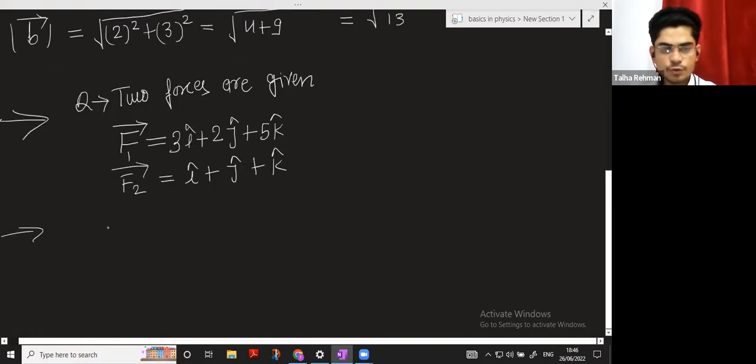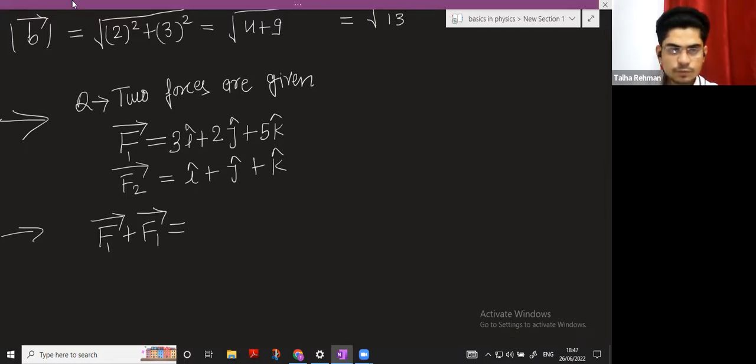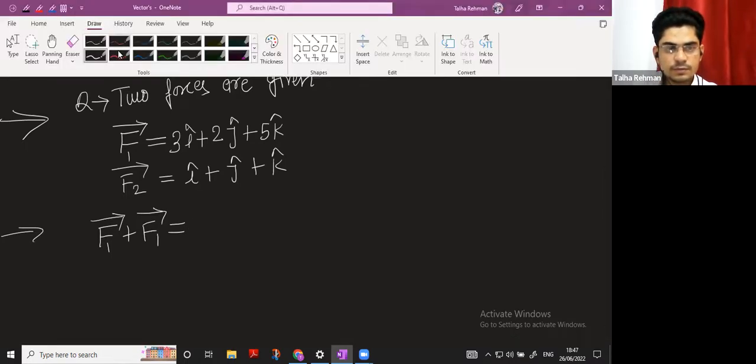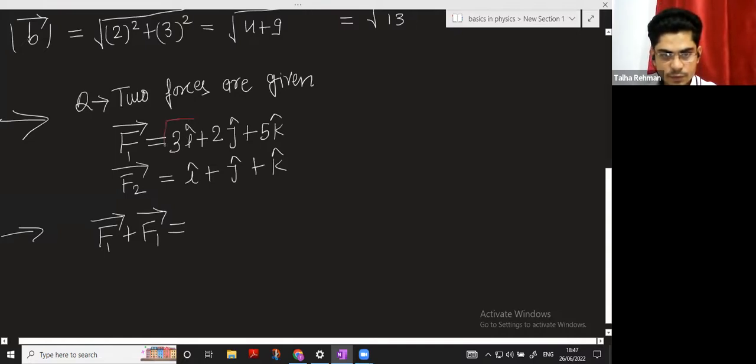And if I want to add these two vectors, I will add like this. I will add these two terms first. 3 plus 1, 4 I cap. This will be 2 plus 1, 3 j cap. 5 plus 1, 6 k cap.